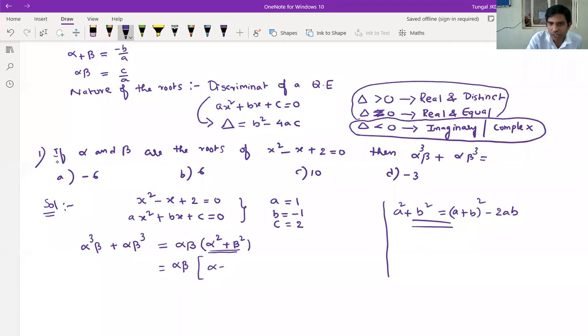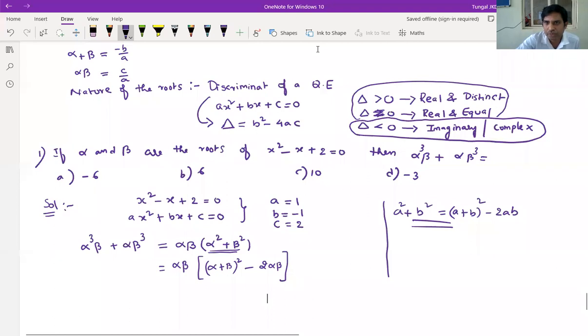Nothing but alpha plus beta whole square minus 2 into alpha into beta. Understood? So first step, alpha beta taken common, then what you will get? Alpha square plus beta square. And a square plus b square, I wrote the formula on the right side, is nothing but a plus b whole square minus 2ab.